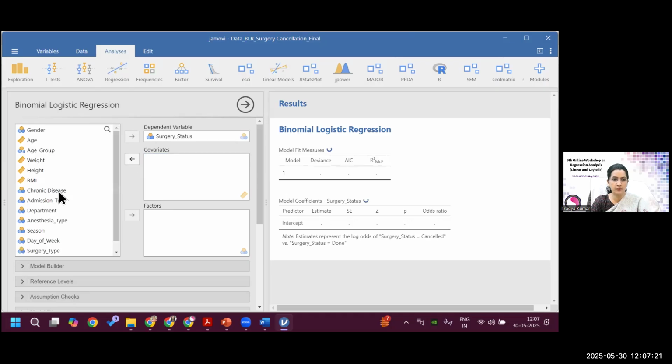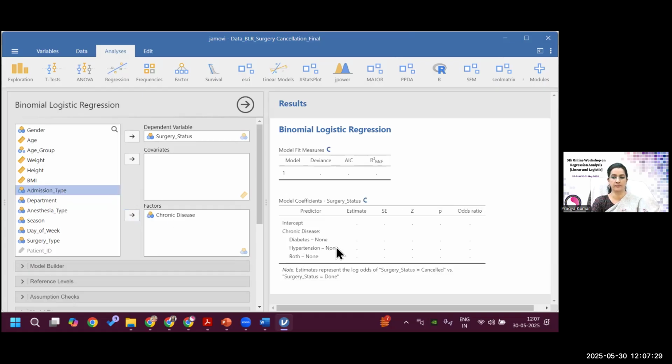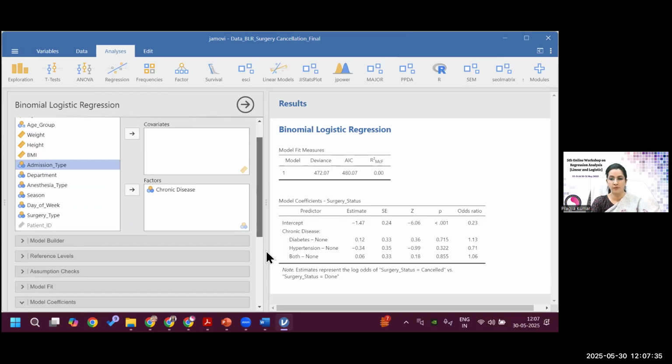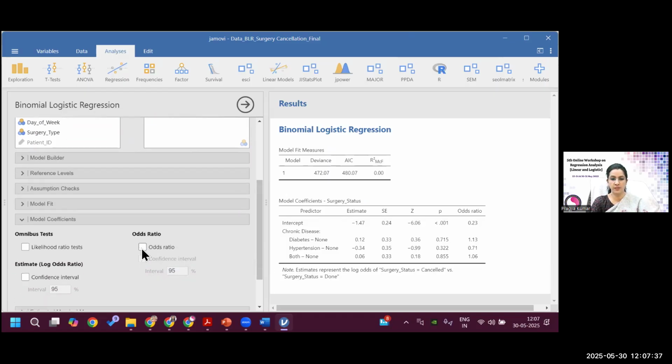Now coming to chronic disease. All of these variables I will move to the factors because they are categorical variables. So I am moving this back to this window. If you see the p-value, for now I am not taking the coefficient because it is unnecessary. I am only concerned with the p-value. There were four levels of chronic disease, including none.